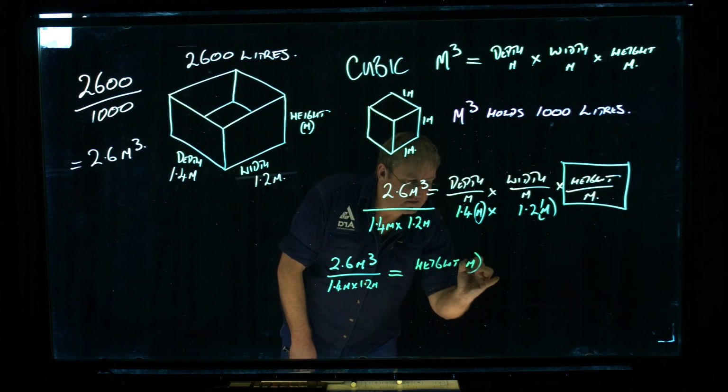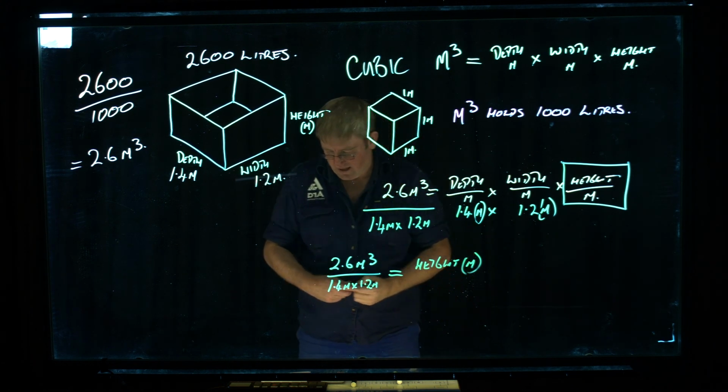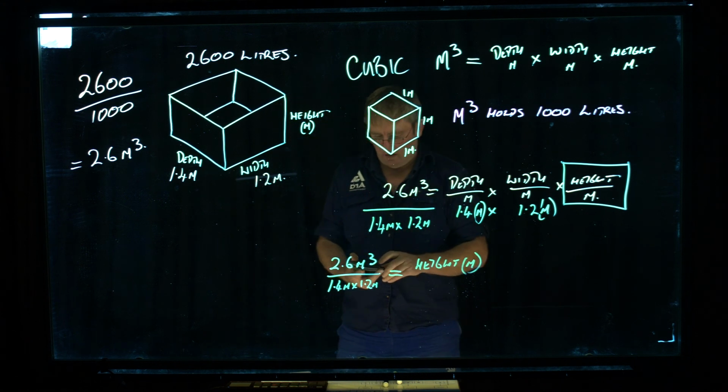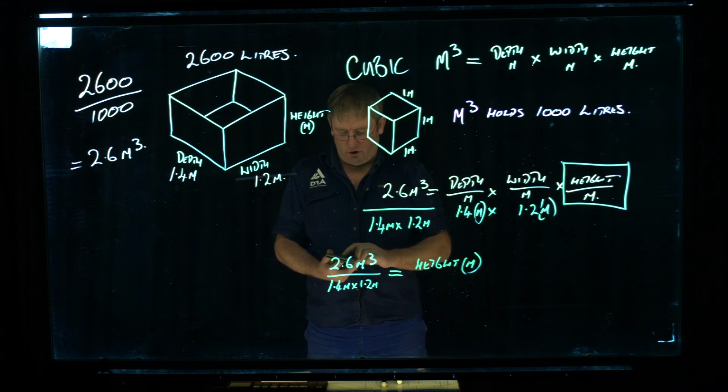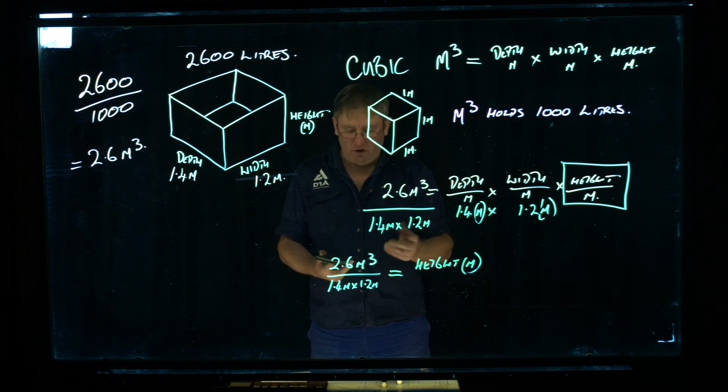which is in metres. So if we take our calculator, we've got 2.6 divided by 1.4. You can push the equal sign there if you want. Let's do it for that sake. And then divide it by the 1.2 again.